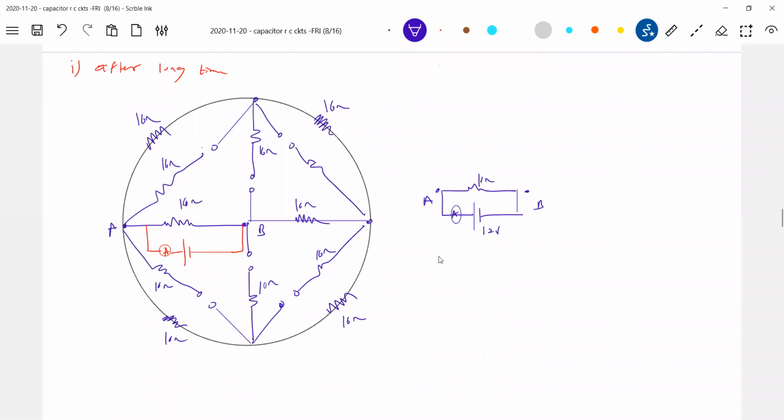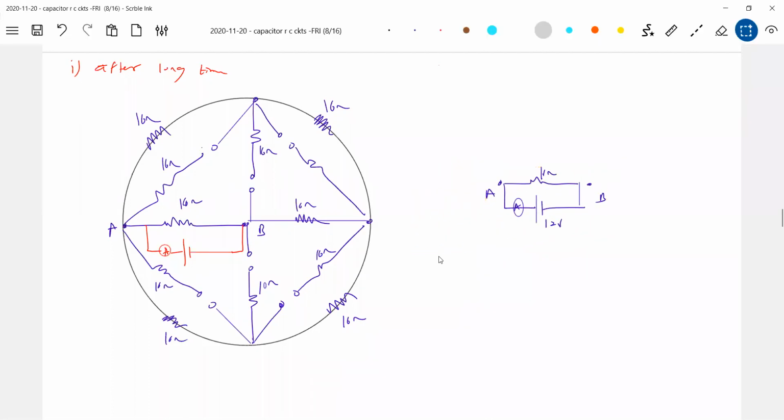From A to... okay, I'll arrange things like this here. So it will be... what to do with this resistor.